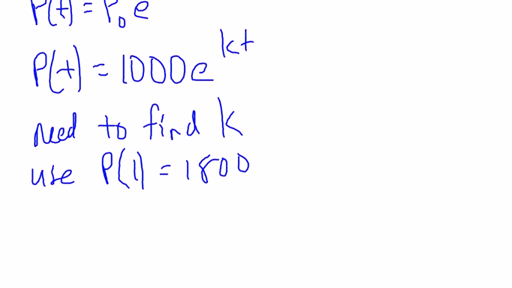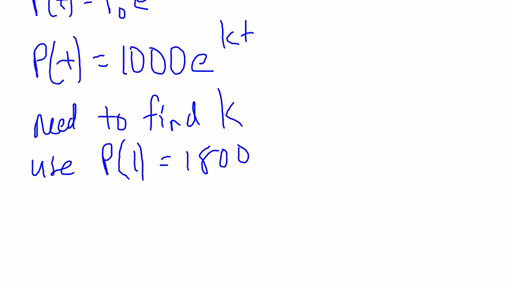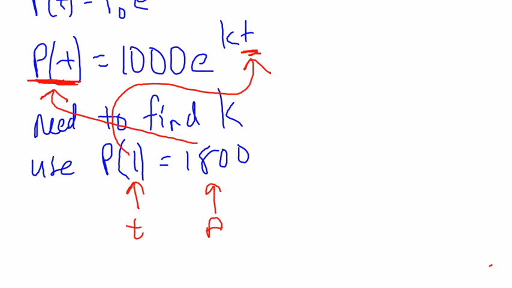From here, this is the P value. This number 1 is the t value. So I'm going to plug the t in here for time, and the P of t in right here. So 1,800 is going to go on the left side of the equation. 1 is going to go in for the t.